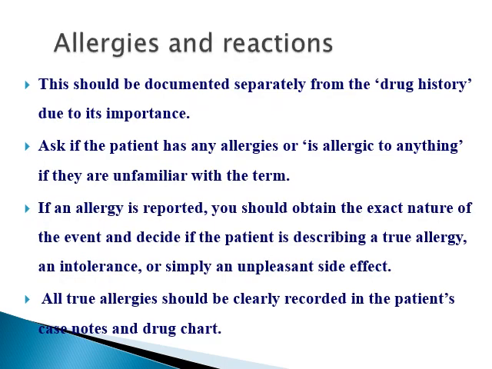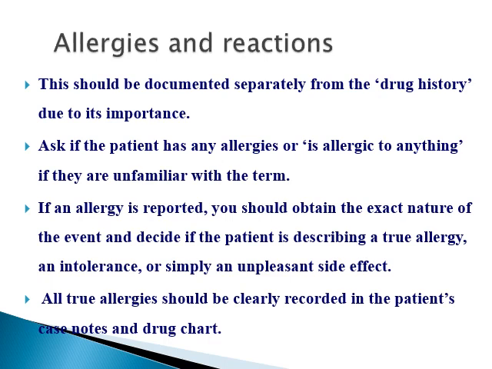Allergy and reactions. If the patient has any allergy, I should write it well because of its importance, so the drug history has a separate item. Don't forget to discuss the allergy: is it a true allergy or just an unpleasant effect?